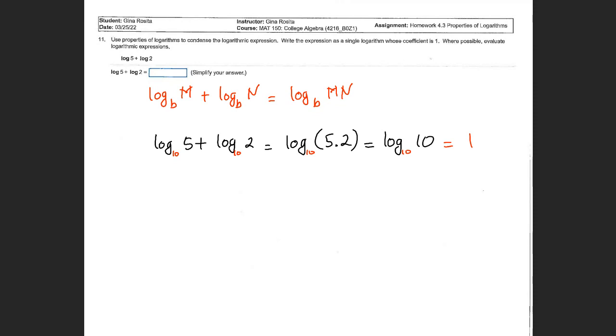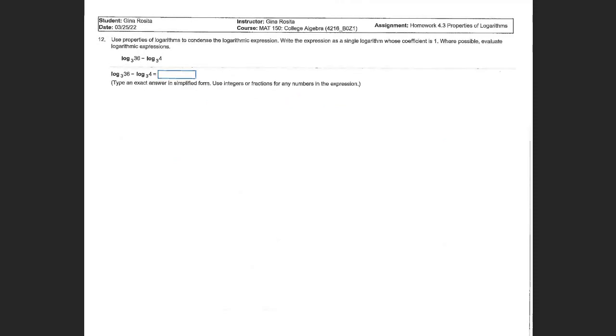Okay. Now number 12. This is subtraction. Subtraction means quotient. Yeah. Just write down again over here the formula.